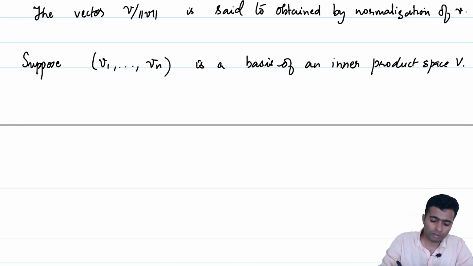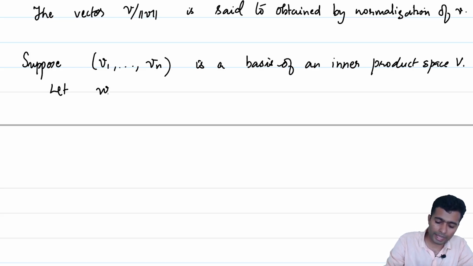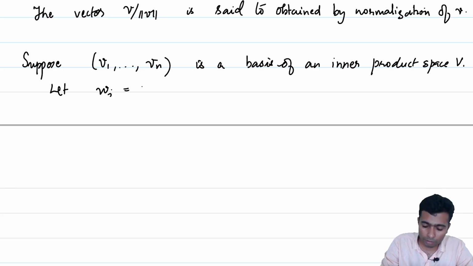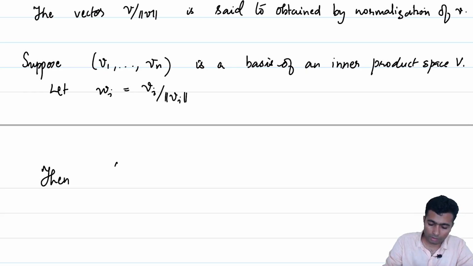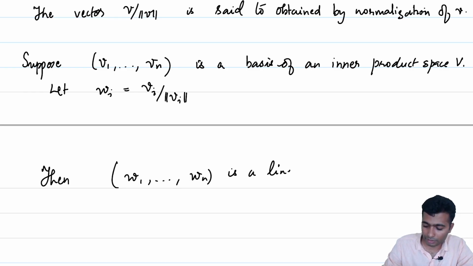So let wi be obtained by normalizing vi. Then the vectors w1 to wn form a linearly independent set.